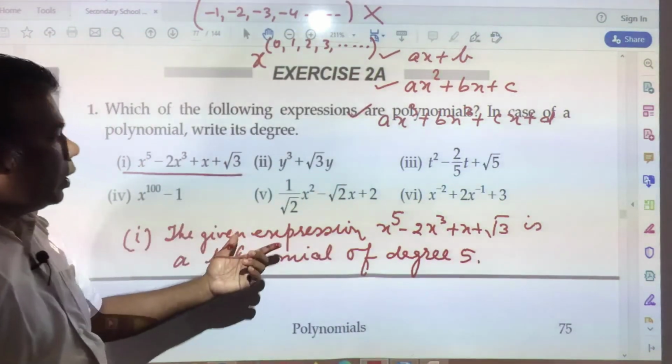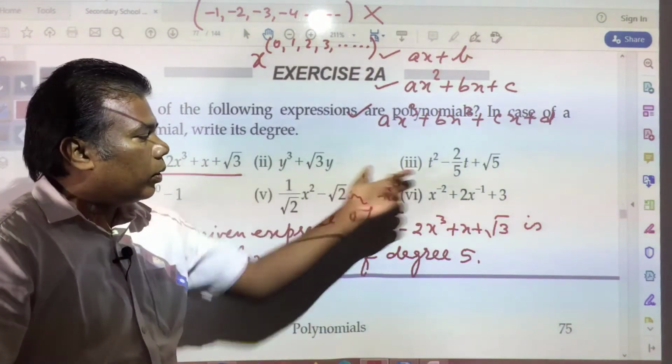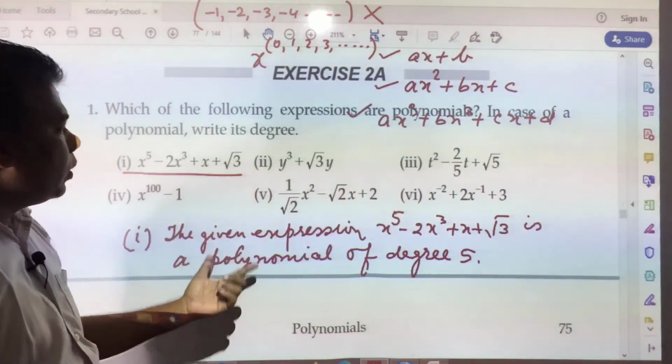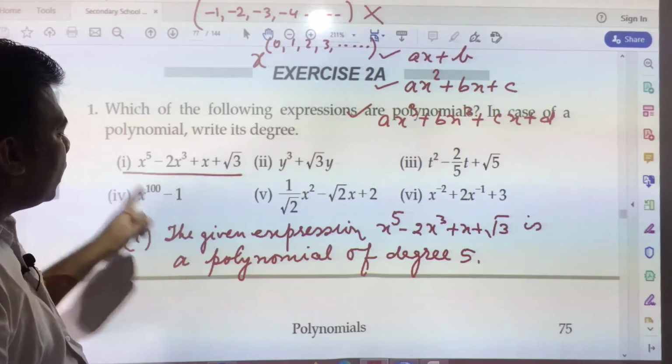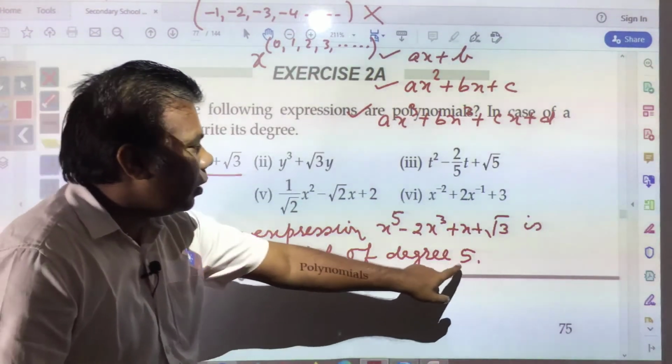In this way you need to write the answer for each and every question. So, this is the way to write.